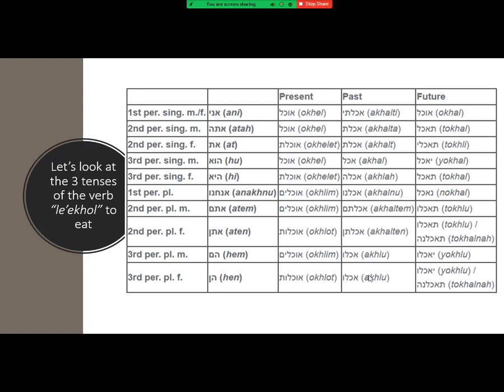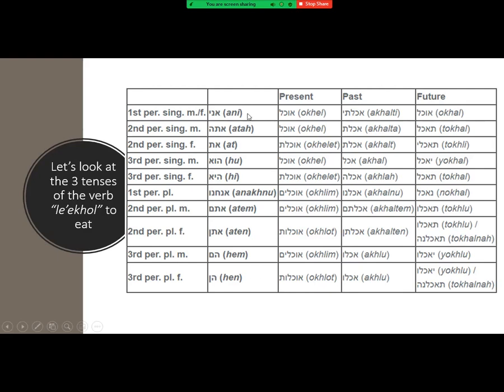All right, so this is, for example, the present. Ani means I, ata means you, at means you if you're feminine, hu means he, hi means she, anachnu means we, atem is you, y'all, guys, aten is y'all, women, hem is them in the masculine, and hen is them in the feminine.